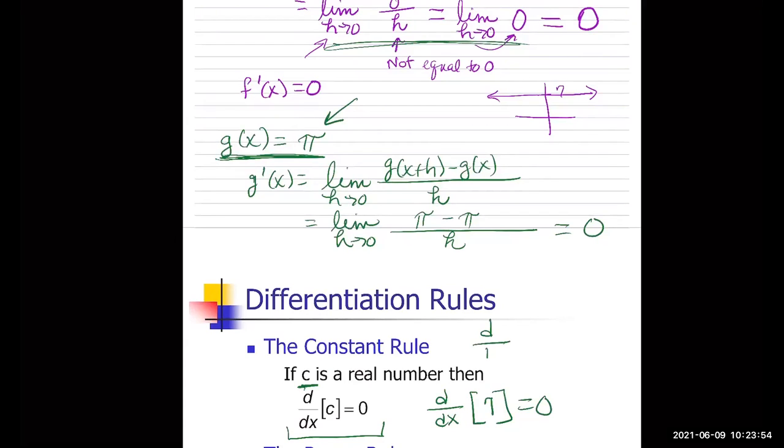And then I took the derivative of pi and got 0. So we could go back and use the definition every time, but we don't want to take time to do that because it's always going to look the same. So again, if the directions don't say we have to use the definition of the derivative, from now on, if we want to take the derivative of a constant, we're going to know that the derivative of that constant is equal to 0.